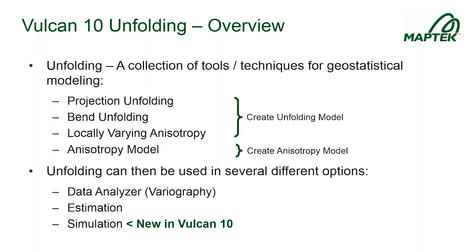Once you've created these unfolding things, you've used these tools and techniques, you can then use the results in several different options. So you can apply any of those unfolding methods to estimation and simulation, and then you can apply the unfolding models to variography. So we'll look at, to begin with, those unfolding models.